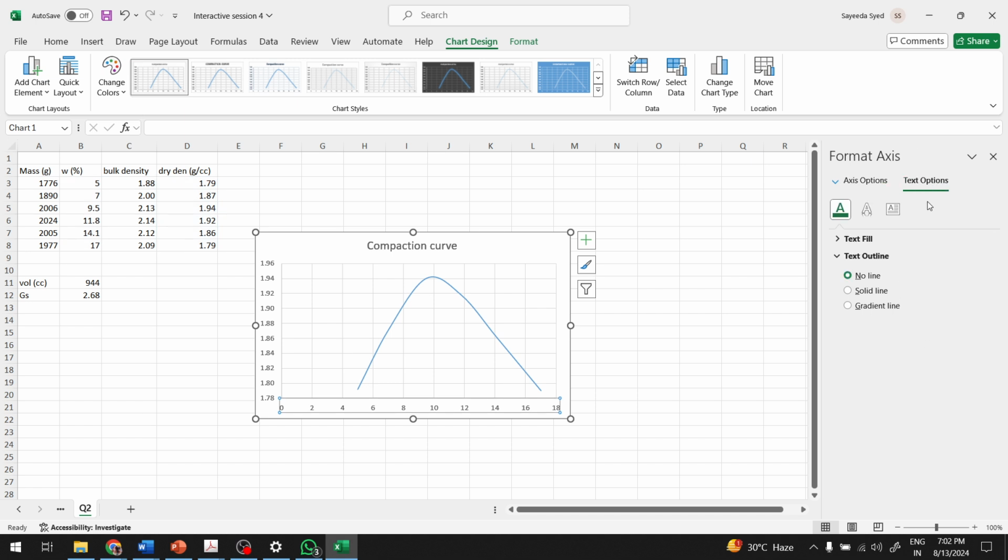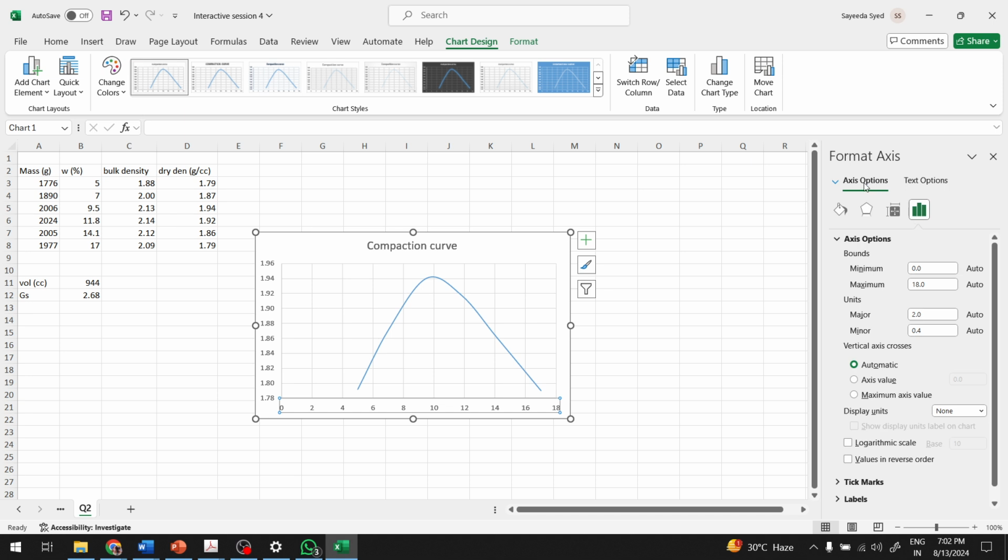Let's start this from, let's take major as 5 and take this from 0 to 20.